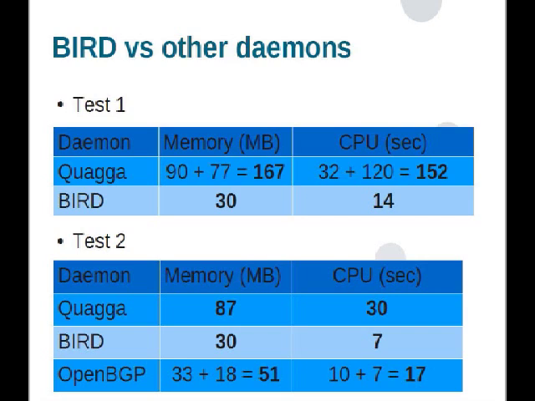the operating system's routing table. The second test was done without that, so Quagga lost one of the daemons, one of the processes, and as you see, the memory consumption of the BGPD process remains almost the same. Also, the CPU time was much shorter. BERT's memory consumption is the same.